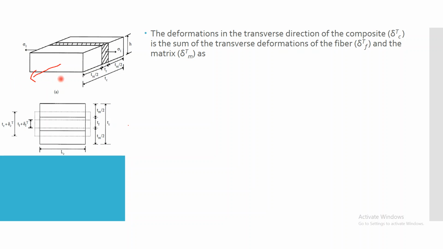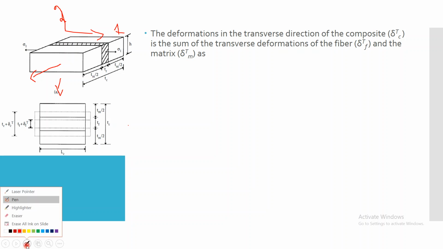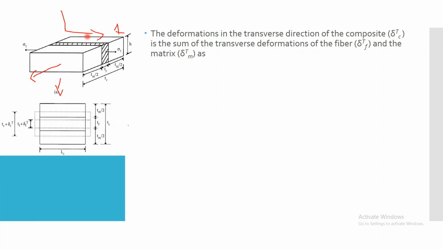Okay, so if I go for its top view, you can observe in this view. If I look into its coordinate system, this is coordinate 1, this is coordinate 2.